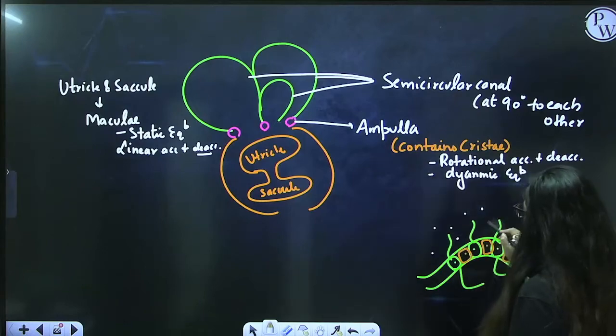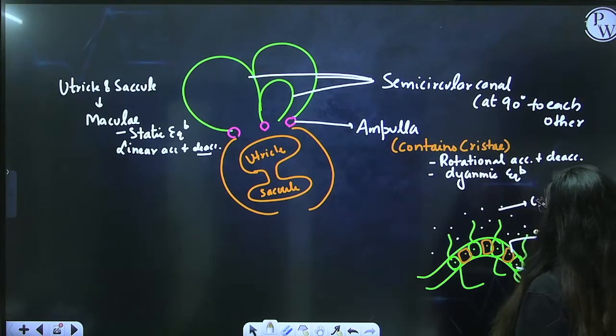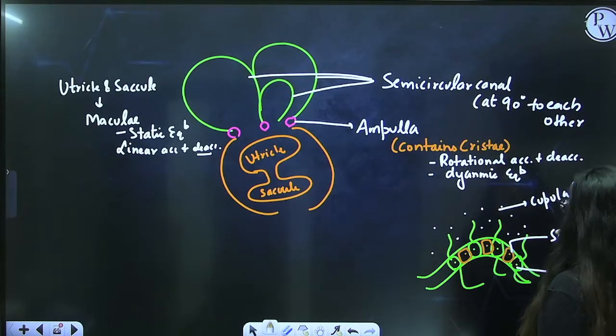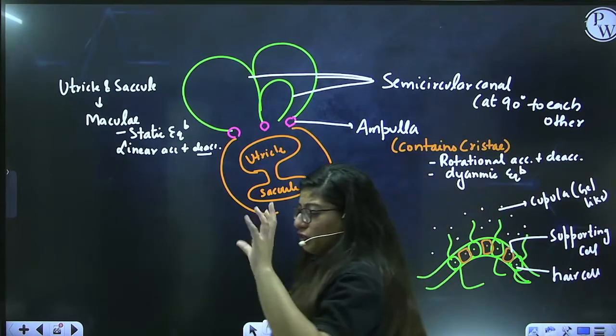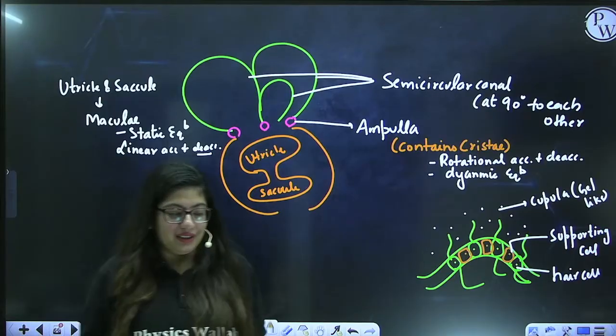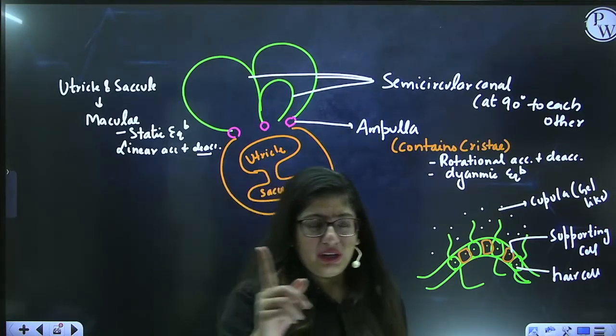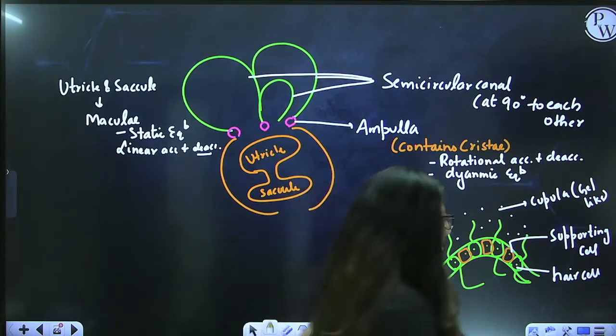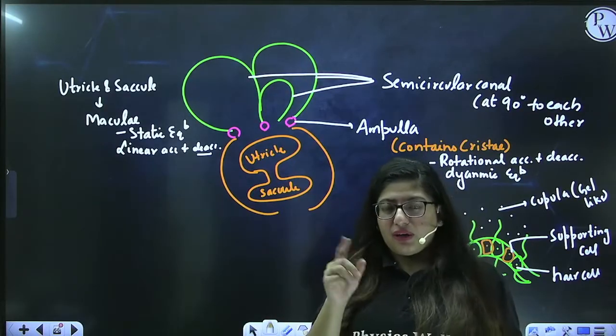Above them is a gelatinous layer known as the cupula, a gel-like fluid. In childhood, you must have felt this gel-like fluid moving inside your head when you rotate.